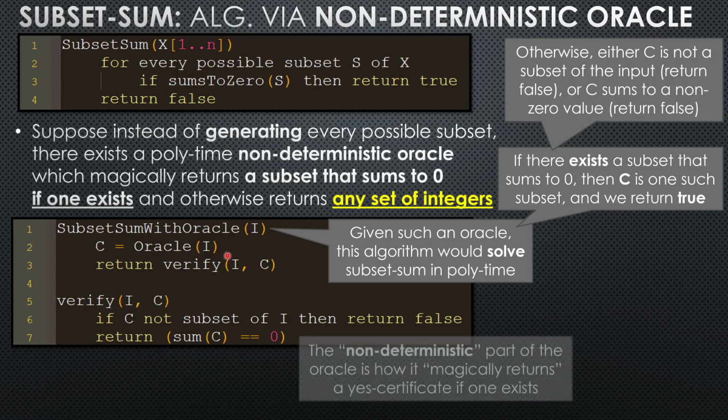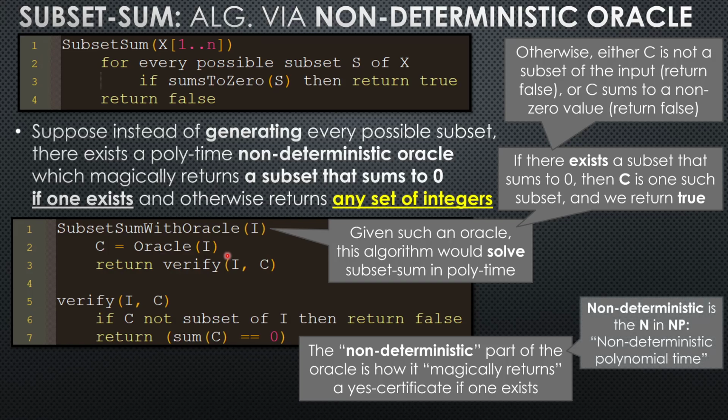Okay, so this is all stuff I just said. The non-deterministic part is how the oracle magically returns a yes certificate if one exists. And the N in NP is non-deterministic. We have non-deterministic polynomial time. Subset sum is in non-deterministic polytime because you have access to a non-deterministic polytime oracle that produces a yes certificate if the input is a yes instance, and otherwise returns any garbage certificate.